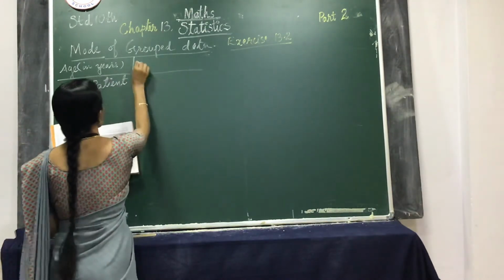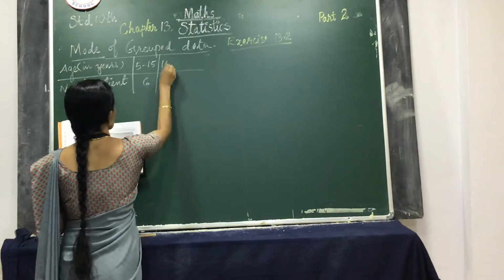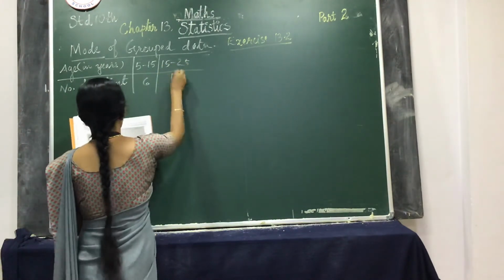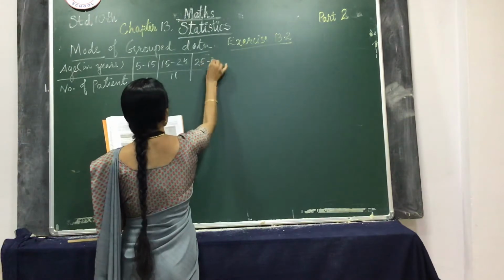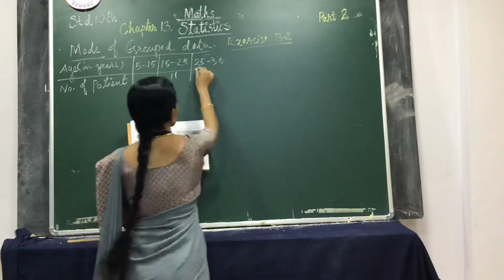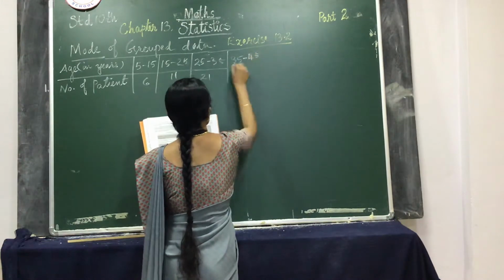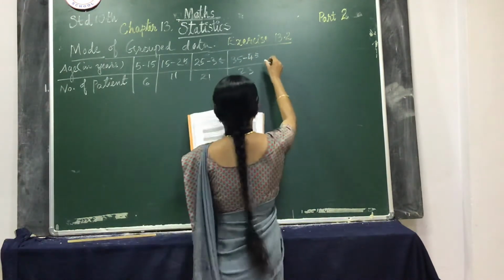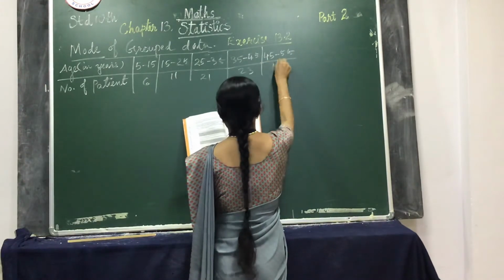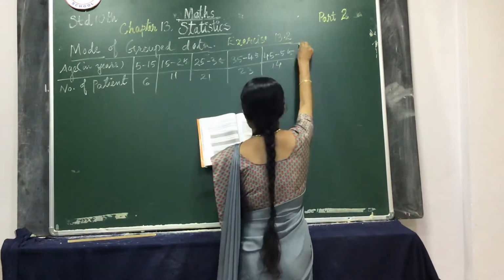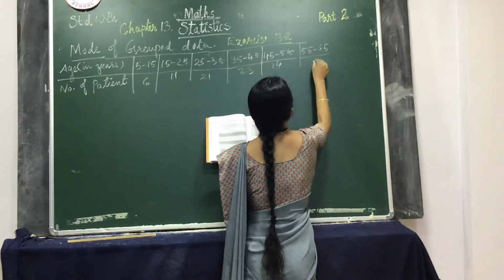Here, the 5 to 15 age group has 6 patients, 15 to 25 has 11 patients, 25 to 35 has 21, 35 to 45 has 23, 45 to 55 has 14, and 55 to 65 has 5.